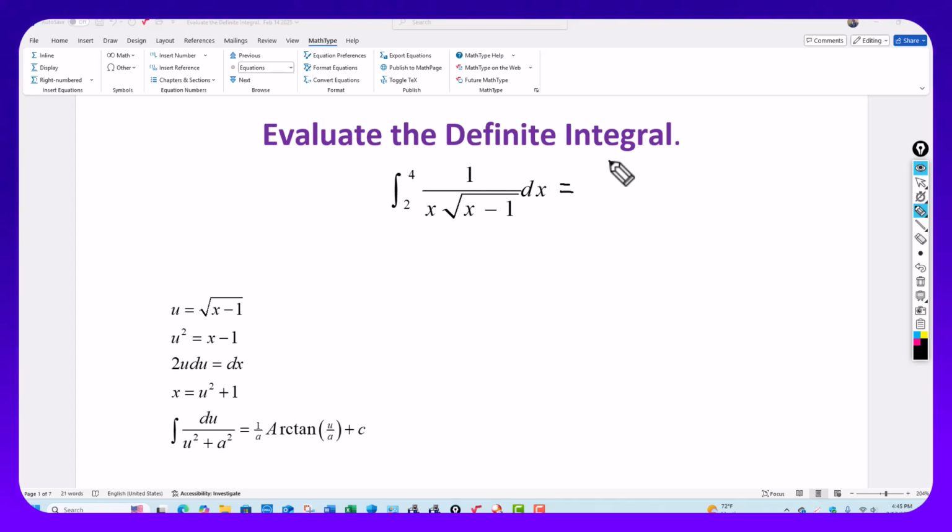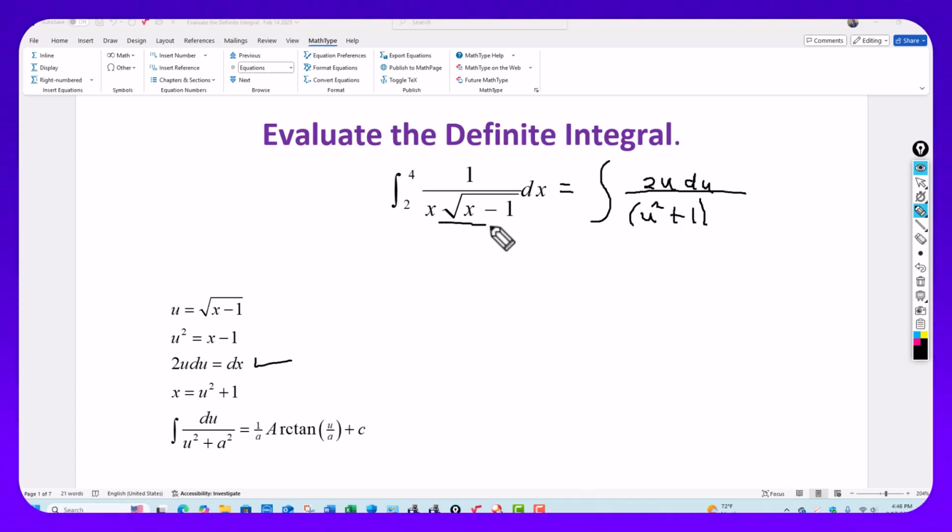Now we're going to go ahead and transform the integral. I'm going to leave the limits of integration out for right now because I am going to change them. And that's putting everything in. dx is the same thing as 2u du. x is the same thing as u squared plus 1.